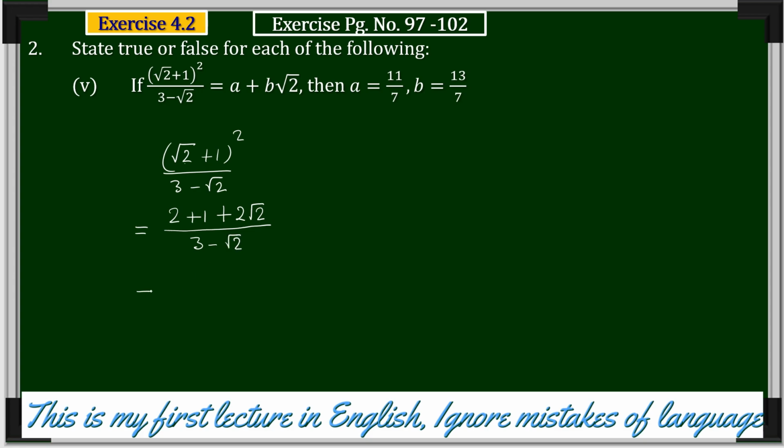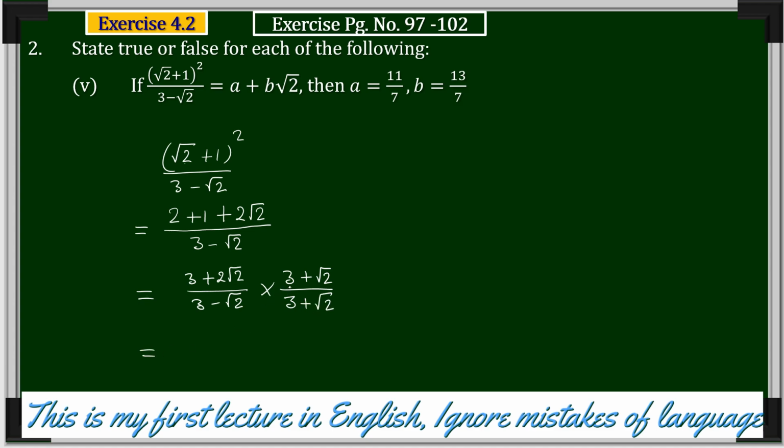Now rationalize the denominator. 3 plus 2 root 2 is the numerator and 3 minus root 2 is the denominator. Rationalize the denominator by multiplying by 3 plus root 2, so you can multiply numerator and denominator by 3 plus root 2.